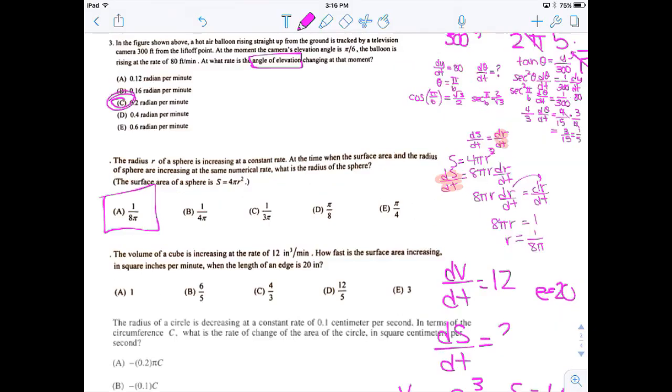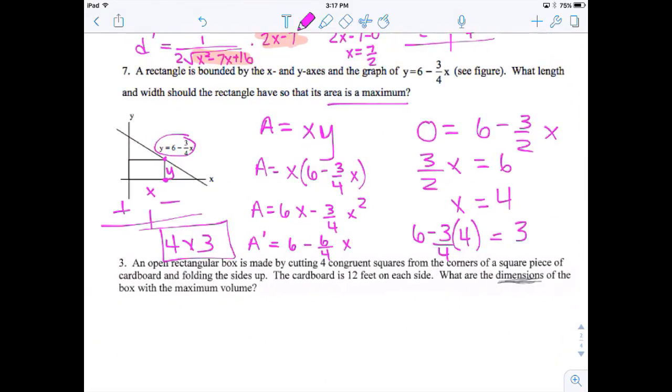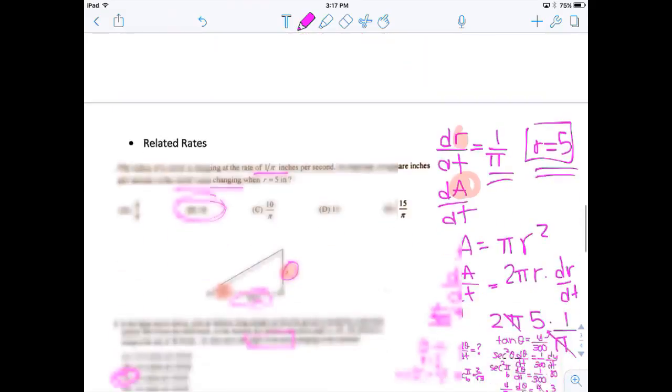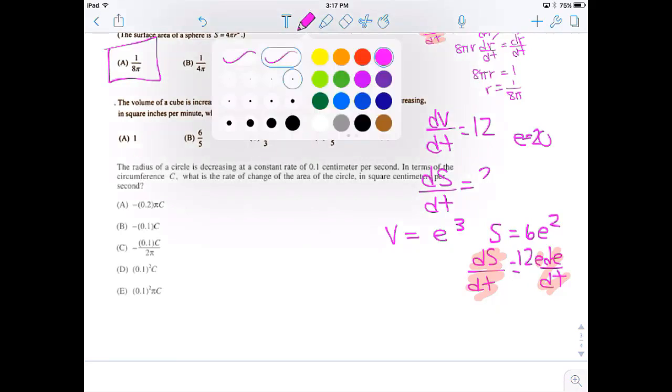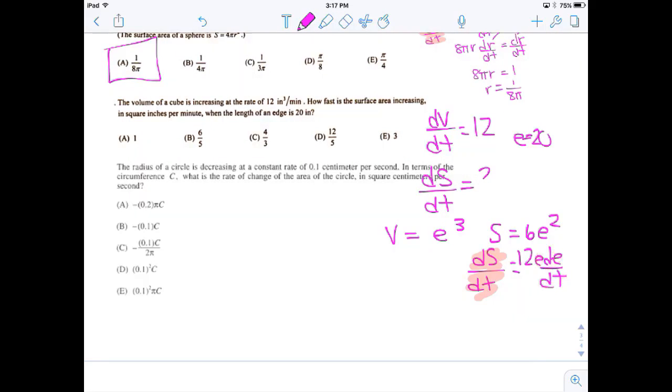Now for volume, we can figure that out. dS dt is what I want. I know E, so I just need dE dt. But volume's going to let me figure that out. So let's use volume. dV dt equals 3E squared dE dt. So I'm going to use this formula to figure that out. I know dV dt is 12.